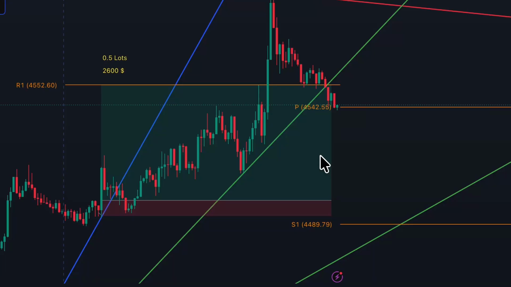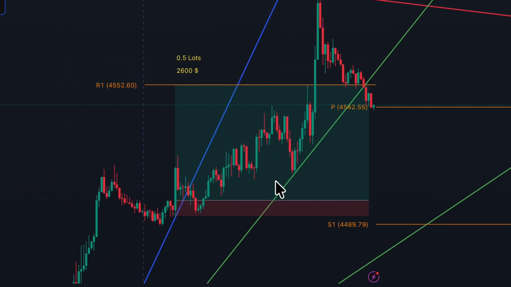Alright guys, before we wrap up this video, I just want to point out one thing. Looking back at today's trades, on this very first trade, if I hadn't moved my stop loss on that trade, I would have finished the day with a much larger profit.